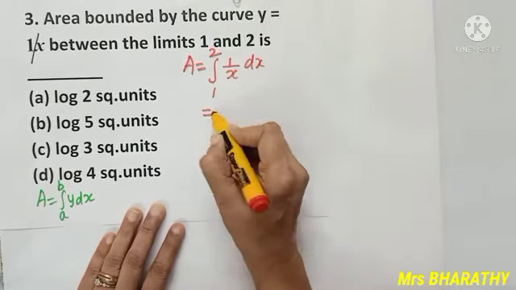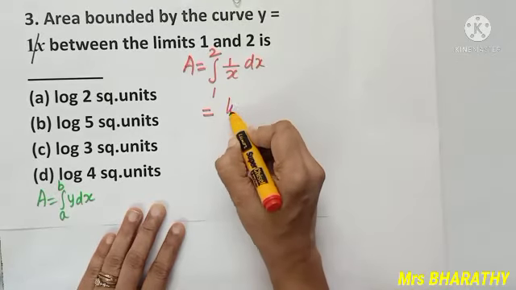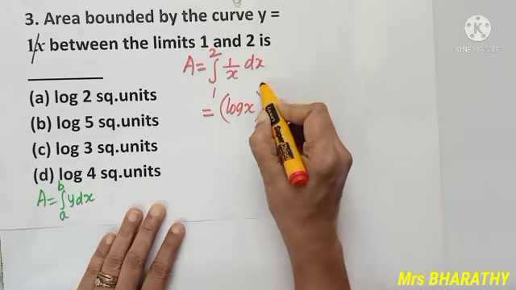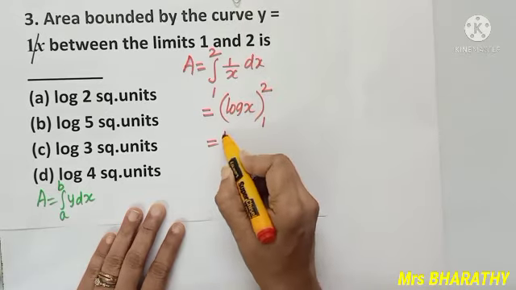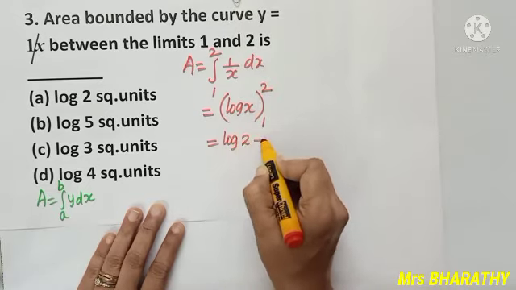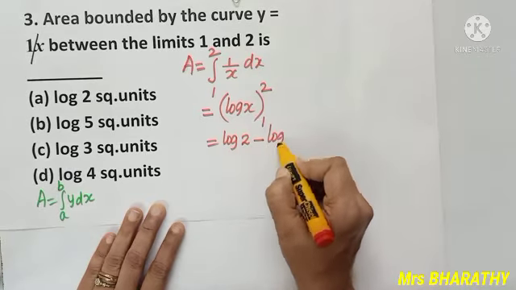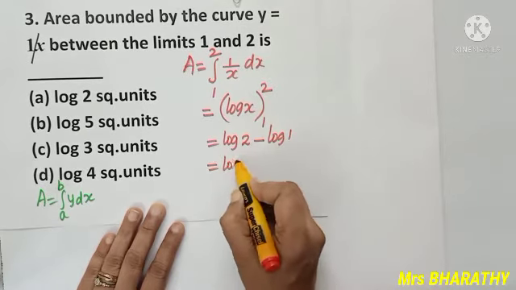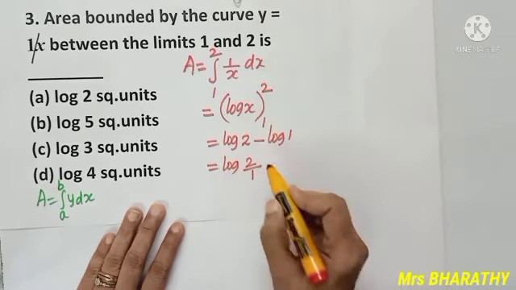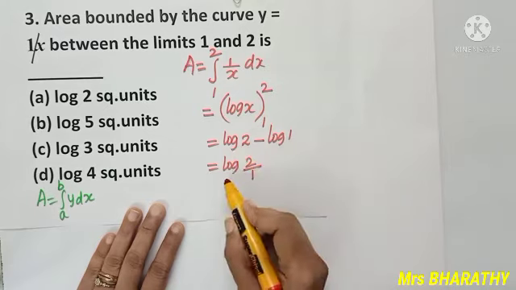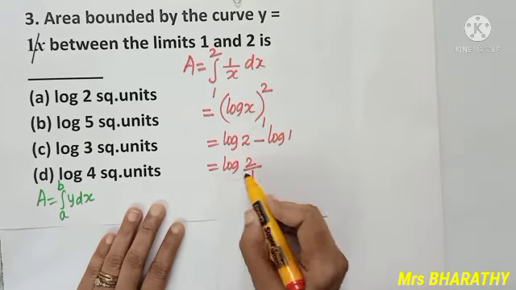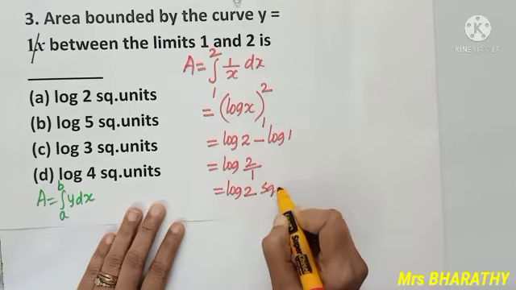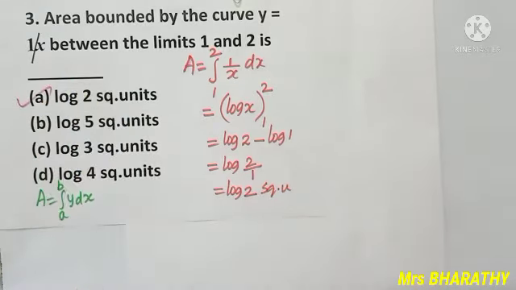We remember the integral formula: 1 by x becomes log x, between the limits 1 and 2. As I substitute, the upper limit is log 2 and the lower limit log 1. Whenever minus comes, remember, in logarithm it leads to division. Log 2 by 1 is log 2 square units. Option A is the right choice.